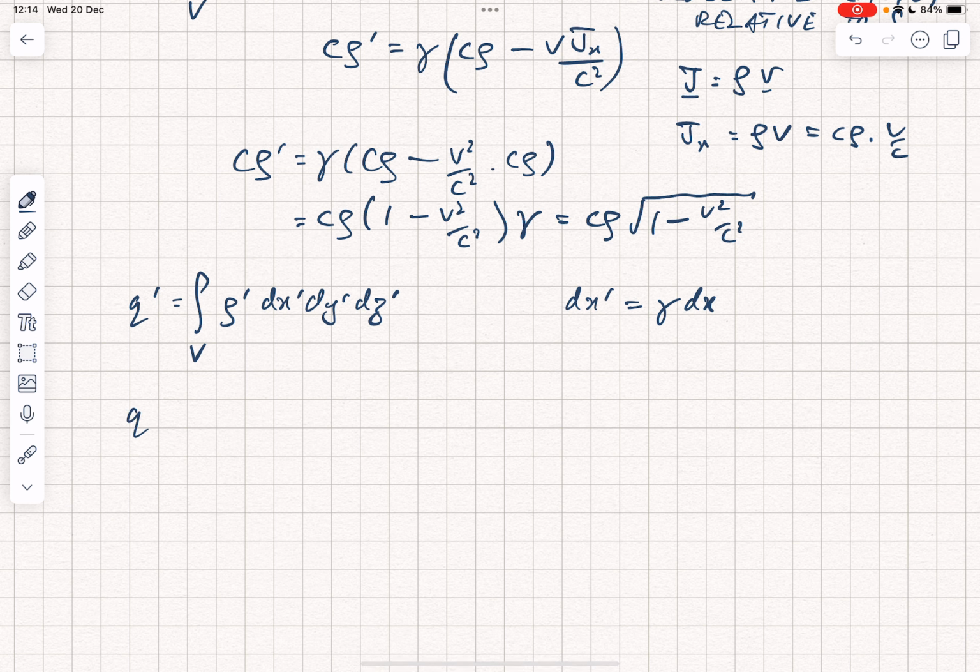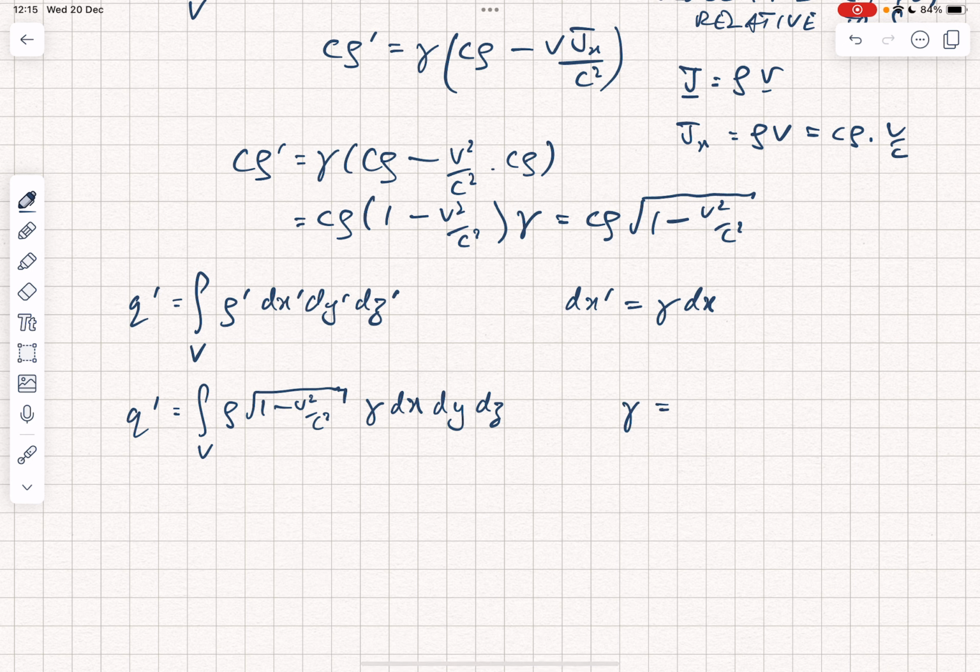So now we find that Q prime is equal to the volume integral of, well, rho prime is just rho multiplied by the square root of 1 minus v squared over c squared. dx prime is gamma dx. dy prime and dz prime don't change because we're making a transform along the x-axis.